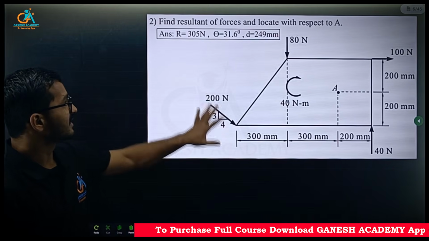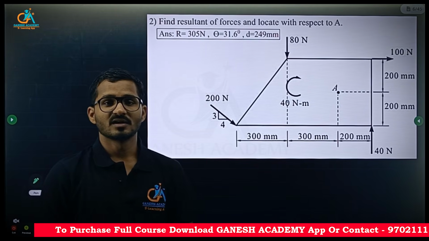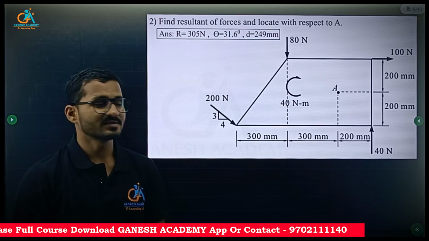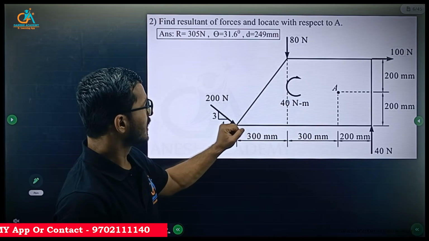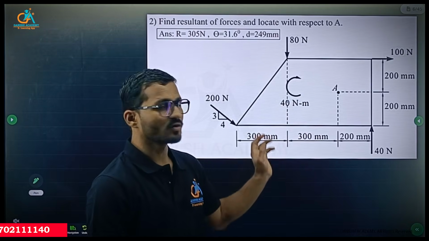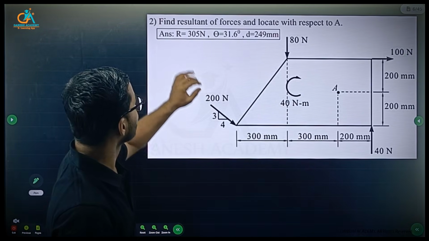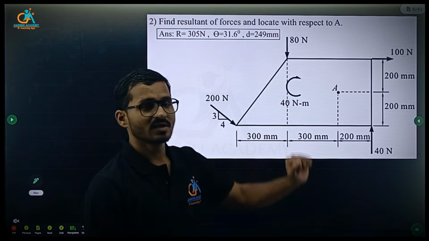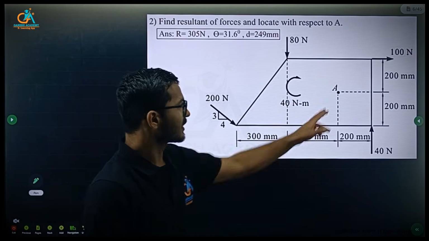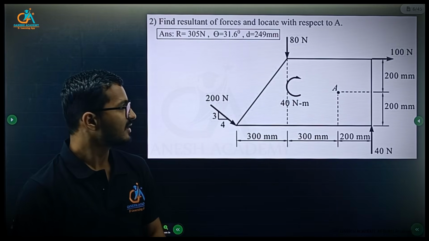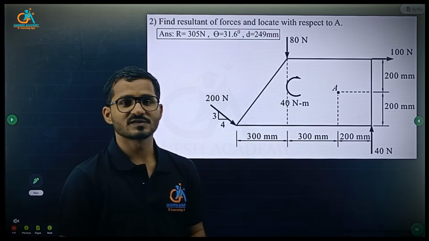So this numerical is a general force system, right? A body is subjected to forces at different locations, and we are asked to find the resultant of the forces, and we need to locate it with respect to this point A. So this body is subjected to a general force system.